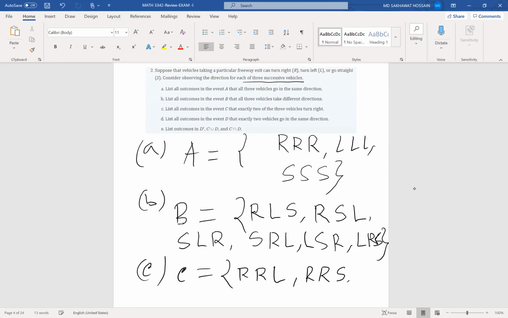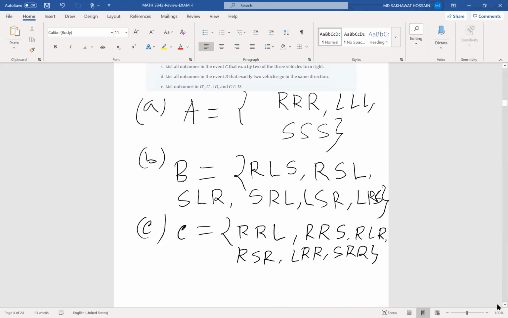We can have R, L, R, and R, S, R, and L, R, R, and S, R, R. Exactly two of the vehicles turn right, so we have 2R and the third one is different. So we can have RRL, RRS, RLR, RSR, LRR, SRR.